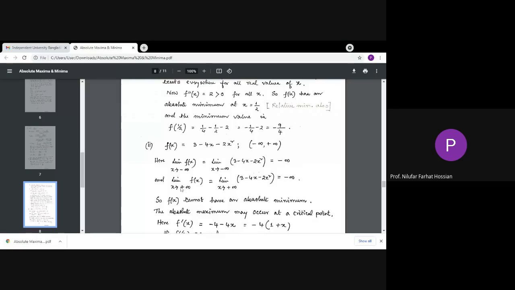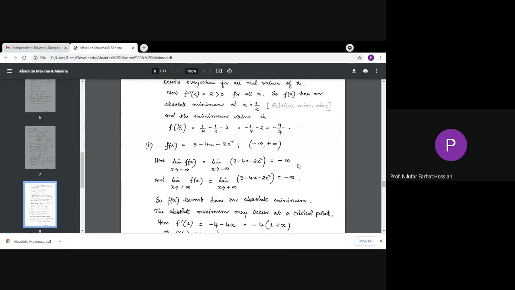Similarly, when x tends to positive infinity, here it will be 3 minus 4 into infinity, that means 3 minus infinity, that means it is minus infinity, and again you are getting another minus infinity here. So ultimately the result will be negative infinity.